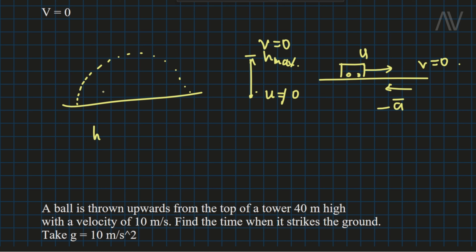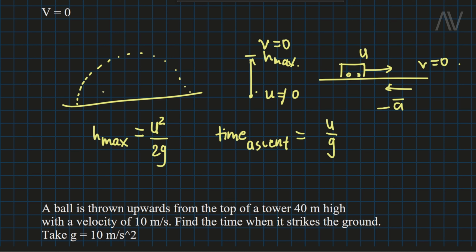The h max is calculated by u square upon 2g. The time taken to reach the maximum height is known as the time of ascent, which is equal to u by g.